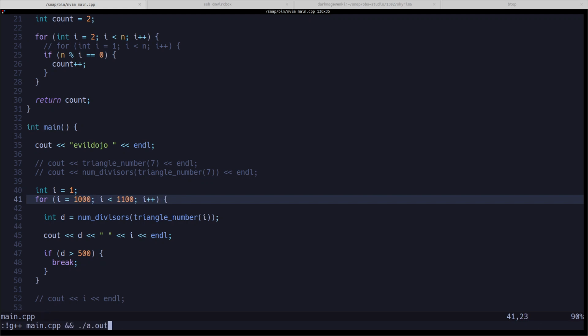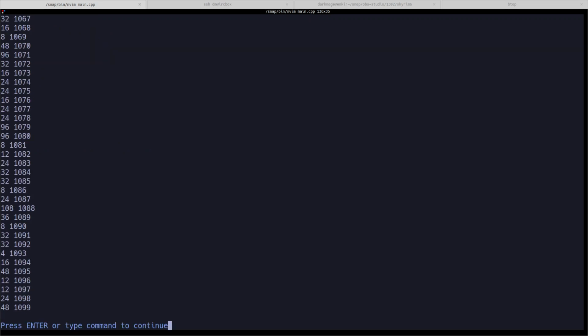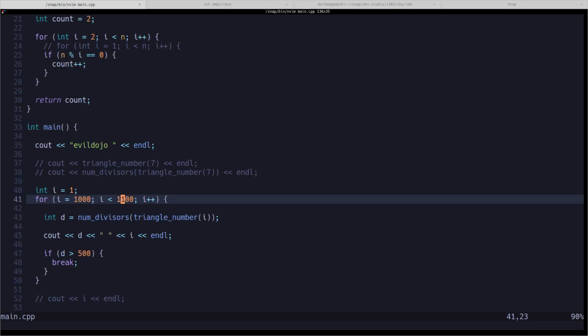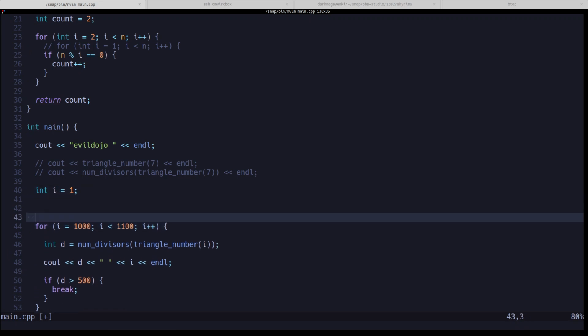Let's try 1000 to 1100. So even then, it's gonna vary. Some have less than others. So it's almost like we're gonna just have to run through until we get to a new max divisor count.